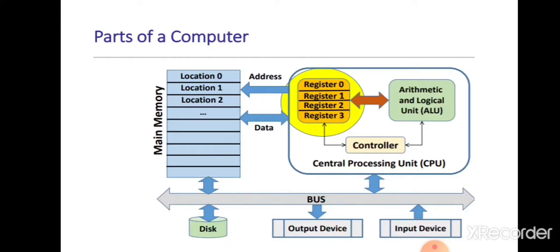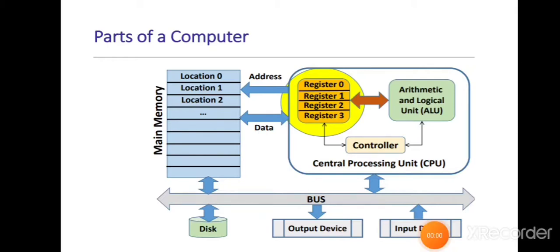Okay? The controller helps us to balance between the register and the ALU, that is the arithmetic and logical unit. Then when the computer performs all the actions, it keeps the desired value back in the main memory.